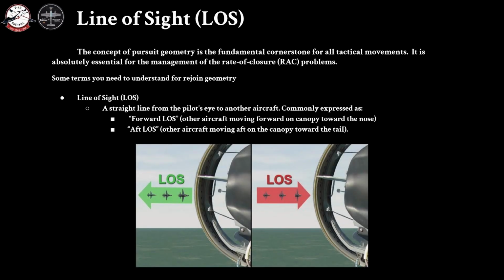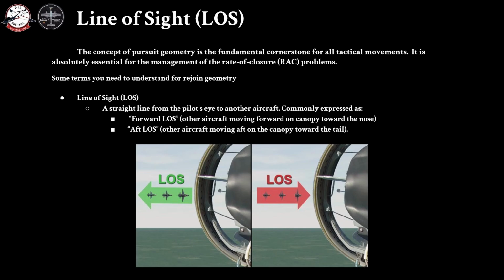The next term you're going to hear is line of sight. Line of sight in regular terms is being able to see what you're looking at. That's line of sight in regular everyday life. In aviation, line of sight is merely talking about when you look at the other aircraft, what the aircraft is doing in relation to you.